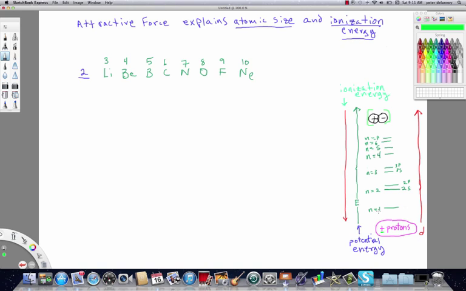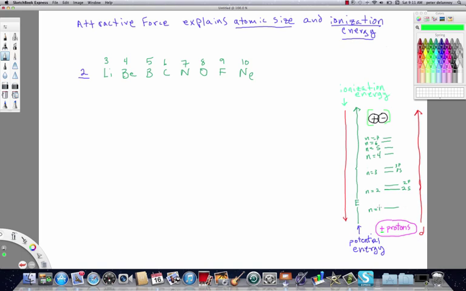An electron that is in N1 is closest to the protons, so that electron is being attracted with the maximum amount of force. And as we move into higher energy levels, those electrons are being placed further and further away from where the protons are. So the potential energy of those electrons is increasing as we move away from the protons.